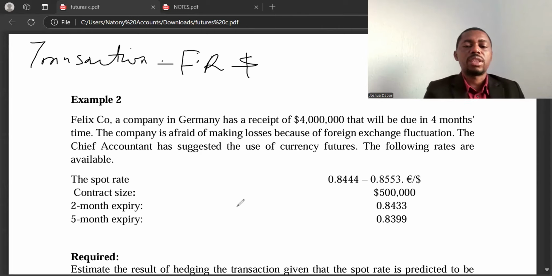So if the company eventually receives this money, what will the company do? The company will sell the USD to the bank. Is that correct?